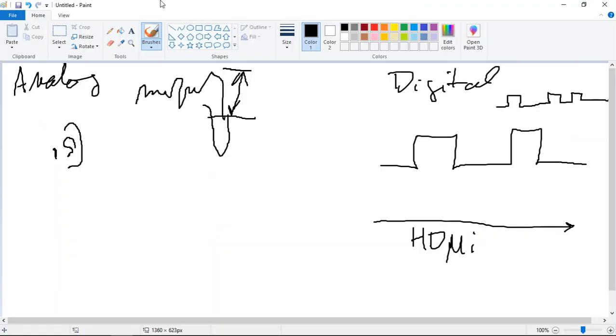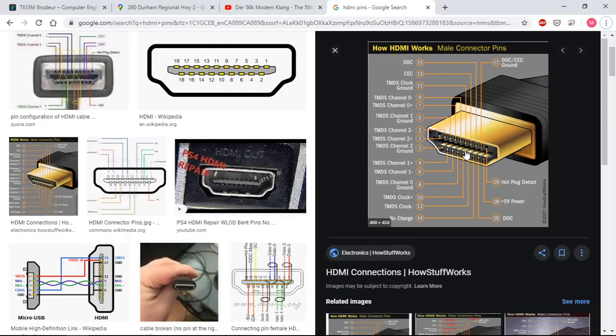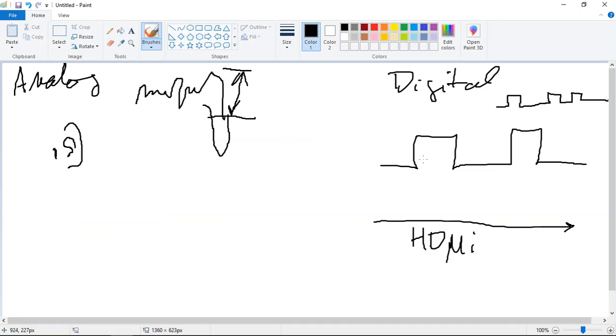Just saying that on each of those wires, when you're playing a movie or a CD, whatever you're playing, or a game, it's sending a bunch of ones and zeros on this cable, and this is what we see here.